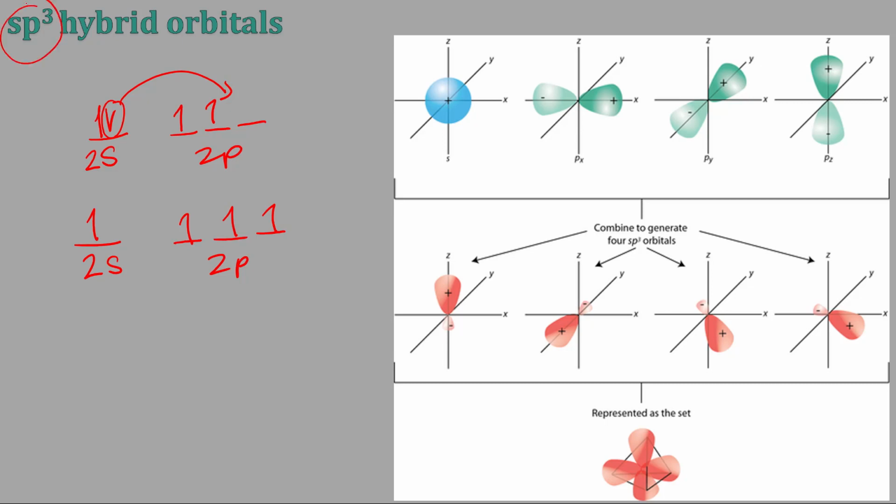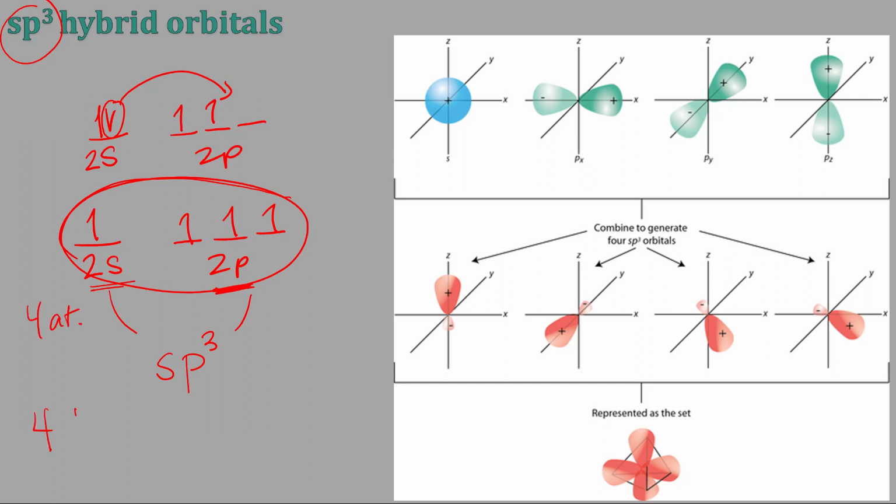Basically that means we're going to take one s orbital and 3 p orbitals, put them in a pot together and mesh them up so that we get hybrid orbitals. If I have 4 atomic orbitals, then I'm going to get out 4 hybrid orbitals, and they would all be sp3.